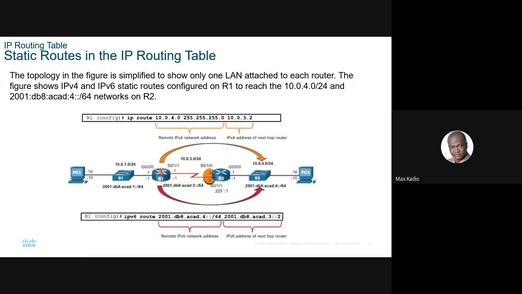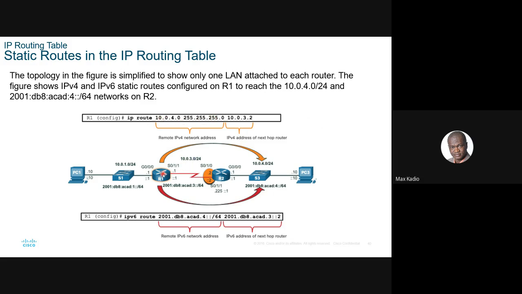R1 is here. I have a remote network I don't know. So if PC1 wants to communicate with PC3, the remote network should be in my routing table to say, you want to go there, I know where to forward your packet. Then it's sent. If R1 doesn't know, it can either discard or send back to the ISP, and that delays. So to manually add a remote network, this is the config: ip route, the remote network and subnet mask.